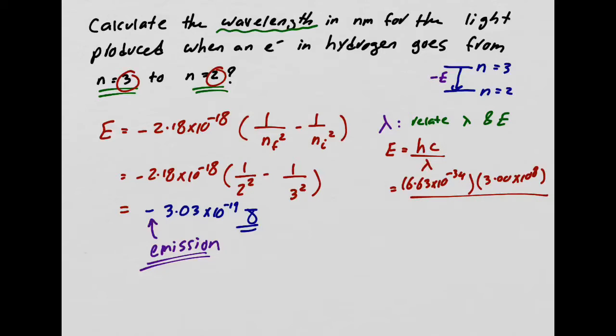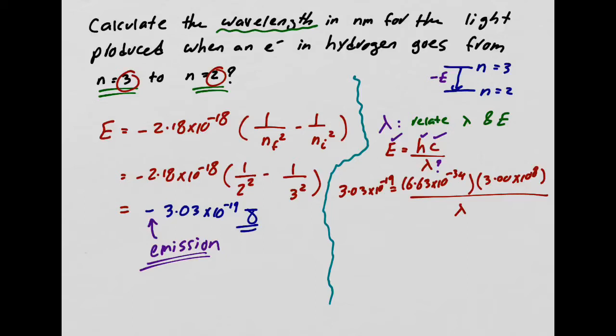Now, I don't know what lambda is, but I have the energy, so I can put in the energy, which is 3.03 times 10 to the minus 19. You guys are following me so far? Okay. Let's just do it over here. So again, I had the energy. These are constants. I have them. And I can figure out lambda.